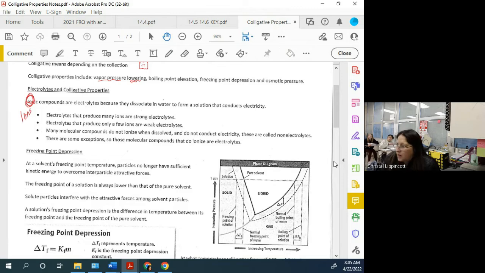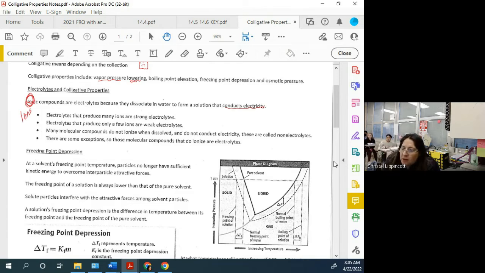What is an ion again? Doesn't it just have a charge? Yes, it has a charge, and that charge then is able to conduct electricity, okay? As opposed to putting a covalent compound in there, like sugar, okay? It doesn't have a charge. It's not going to conduct electricity, okay?